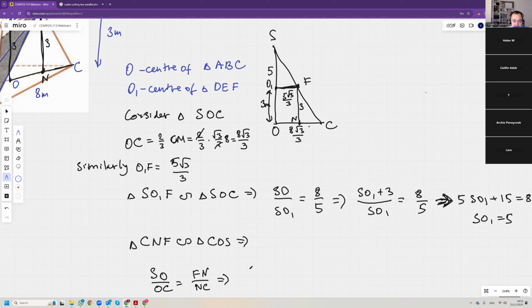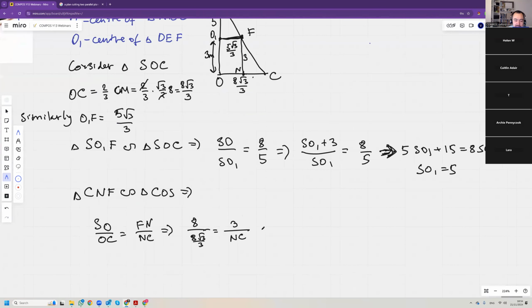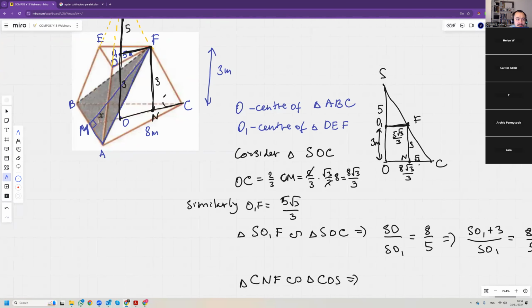So from here, SO is 8, OC is 8 root 3 over 3, equal to FN, which is 3, over NC. And from here, I can find NC: 8 cancels, 3 cancels, and NC is root 3. Oh, that is nice.